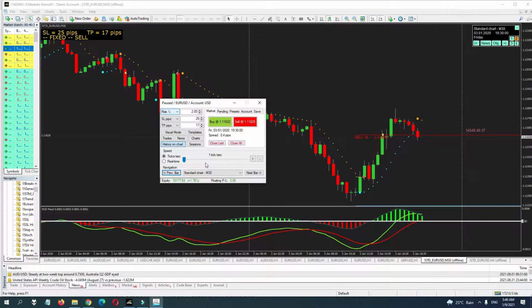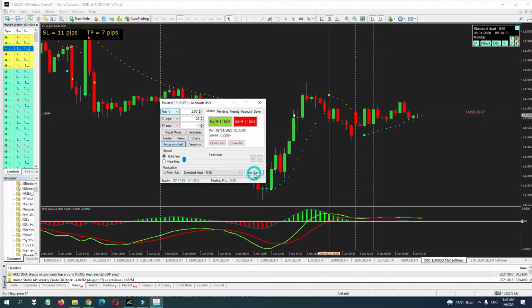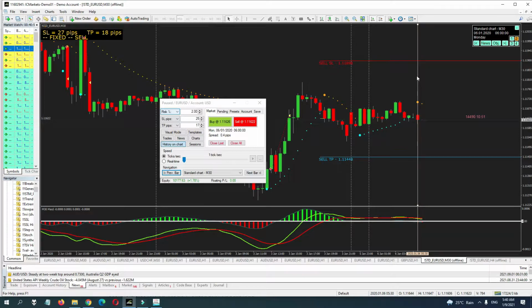Here we want both of them to be above zero. Both above zero, and we have a sell signal for Parabolic SAR, so we buy here.